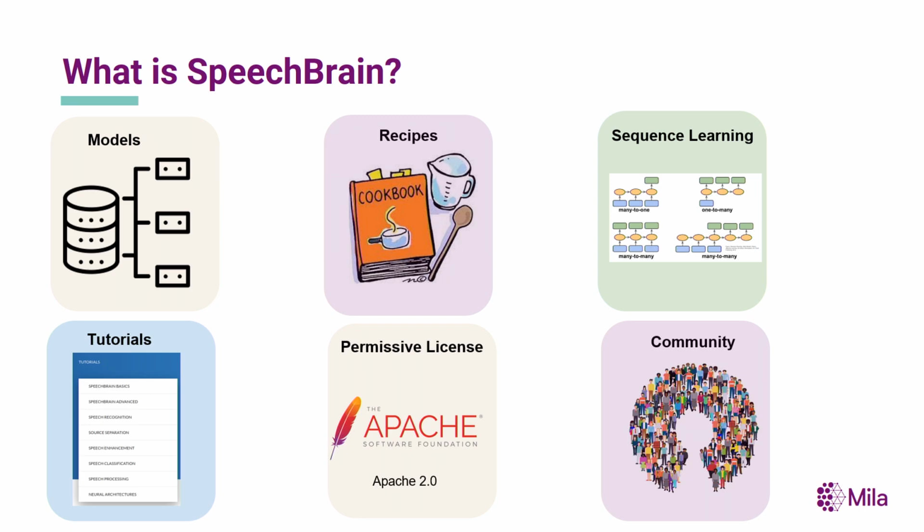We are building step by step a community which is getting larger and larger, and this is crucial for us to improve, to get better results, to stay updated with the state of the art, to solve bugs, etc. So the community has a very important role in SpeechBrain.